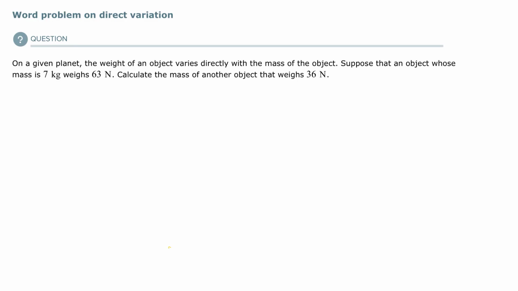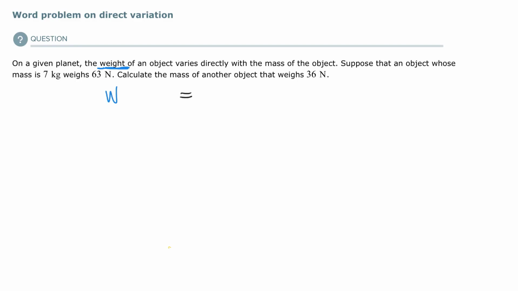Why don't we write that relationship? What does it mean to have direct variation? Why don't we use W in our story here. The weight of an object, which is called W, varies directly.